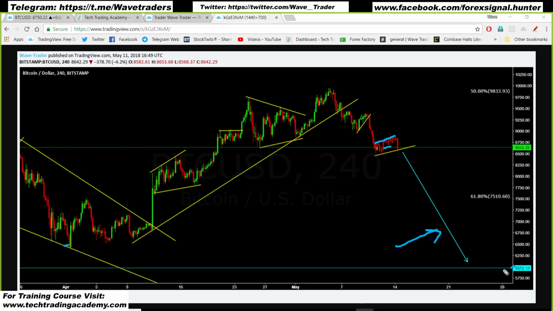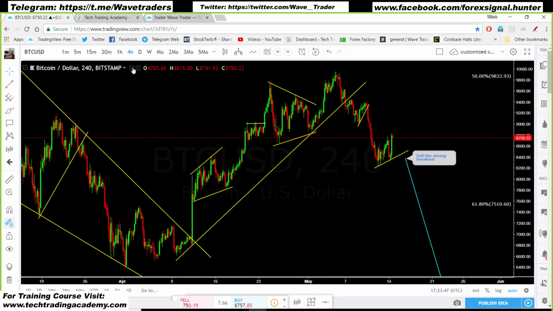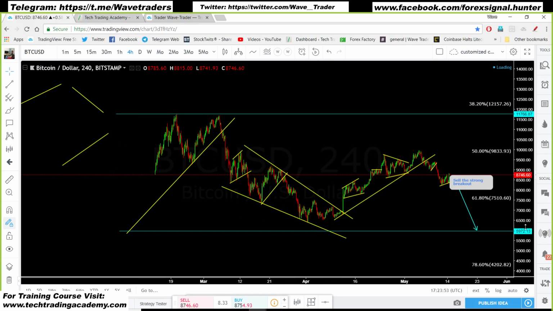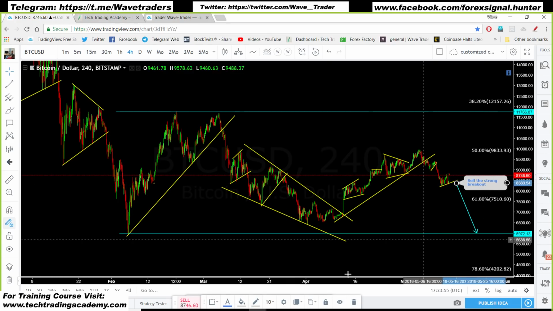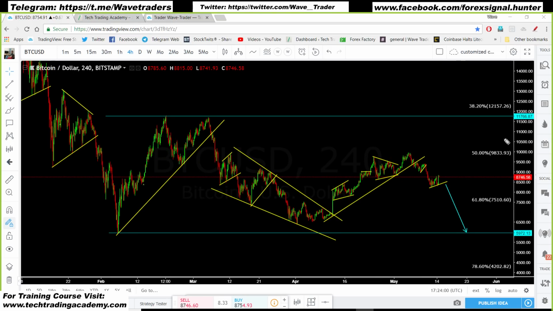Once price hits that 6,000, simply start to buy Bitcoin. So sell the strong breakout, one more drop, and then buy.